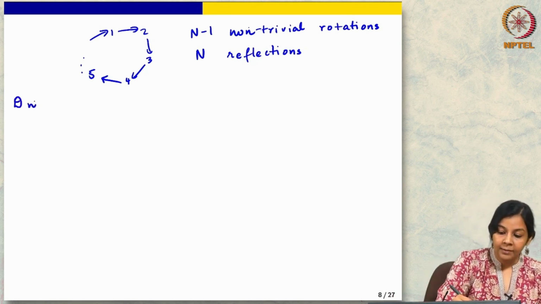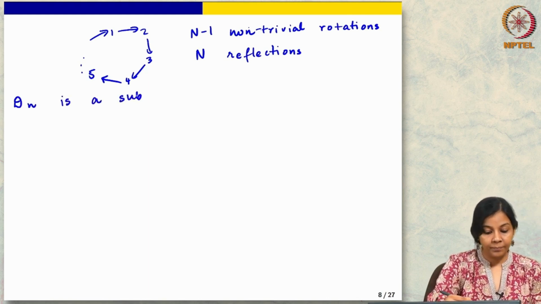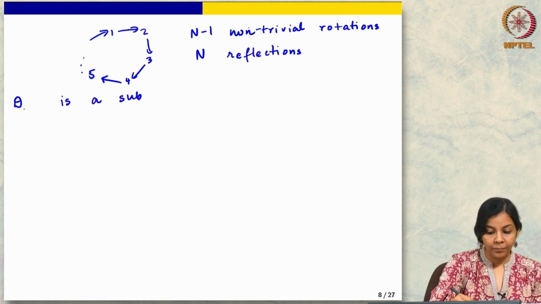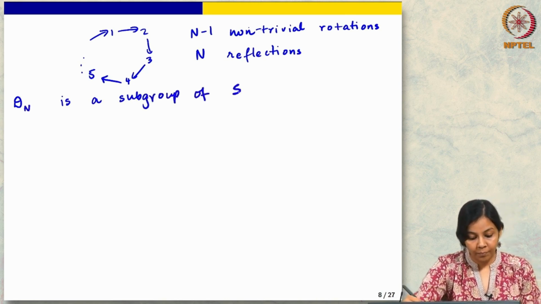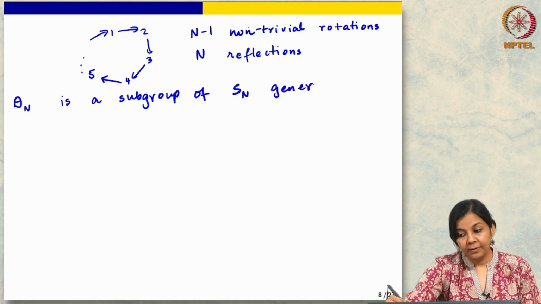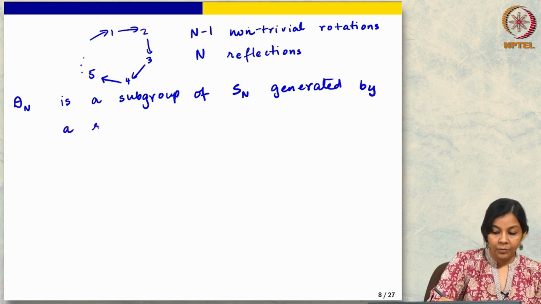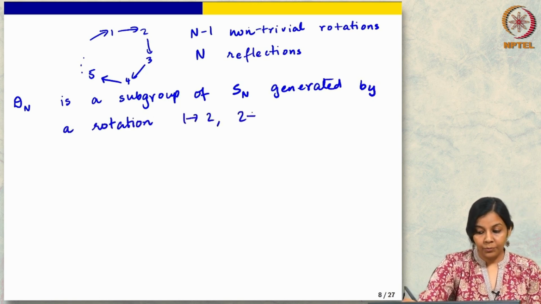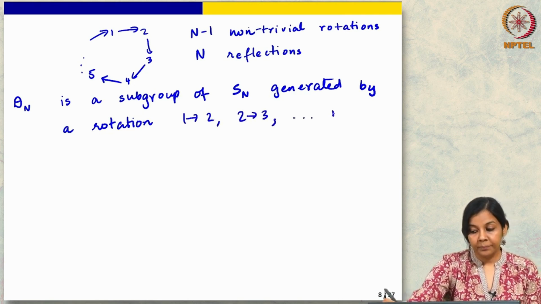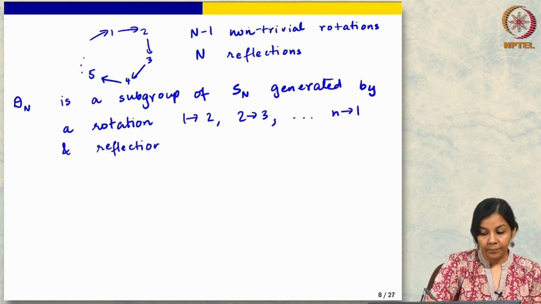So Dn, this dihedral group, is a subgroup of Sn, which is generated by a rotation, so just 1 to 2, 2 to 3, and a reflection.